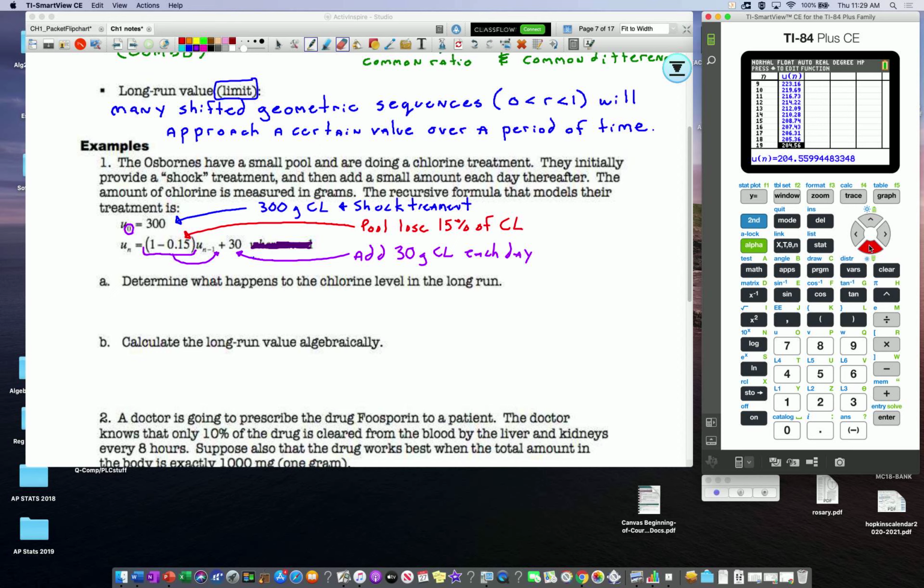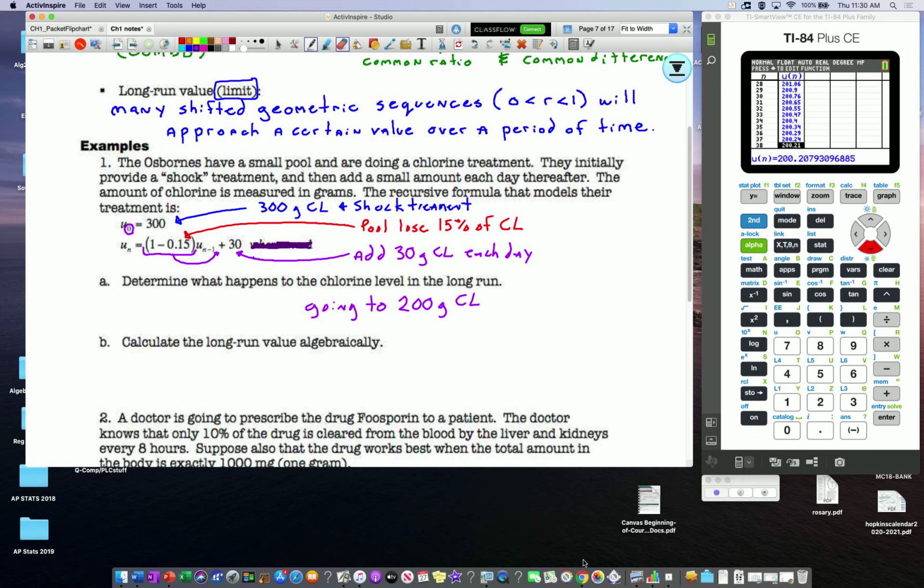But you can start to see after several days, the chlorine level is getting lower and lower and lower. And it looks like it's going to 200 grams of chlorine. Okay?